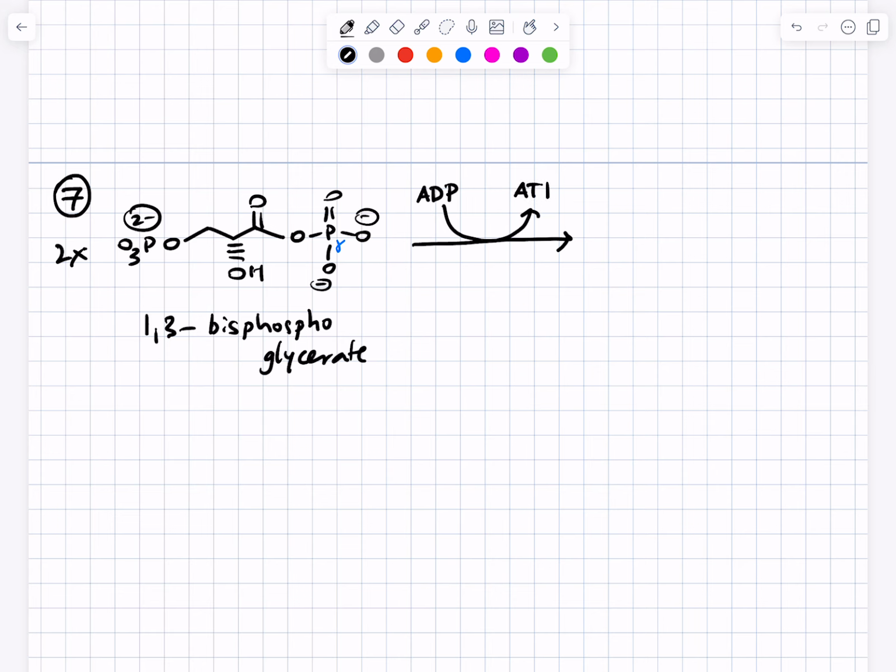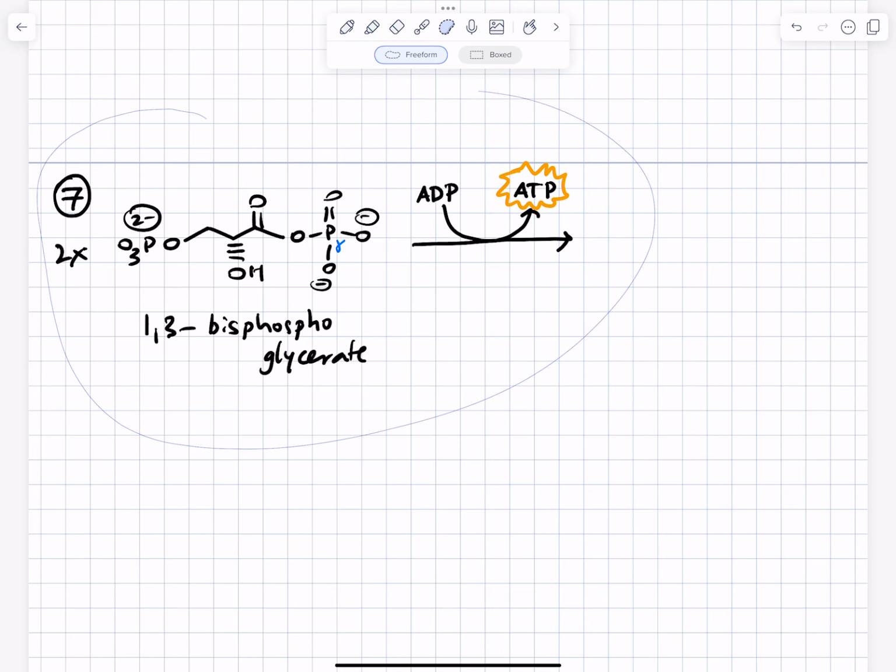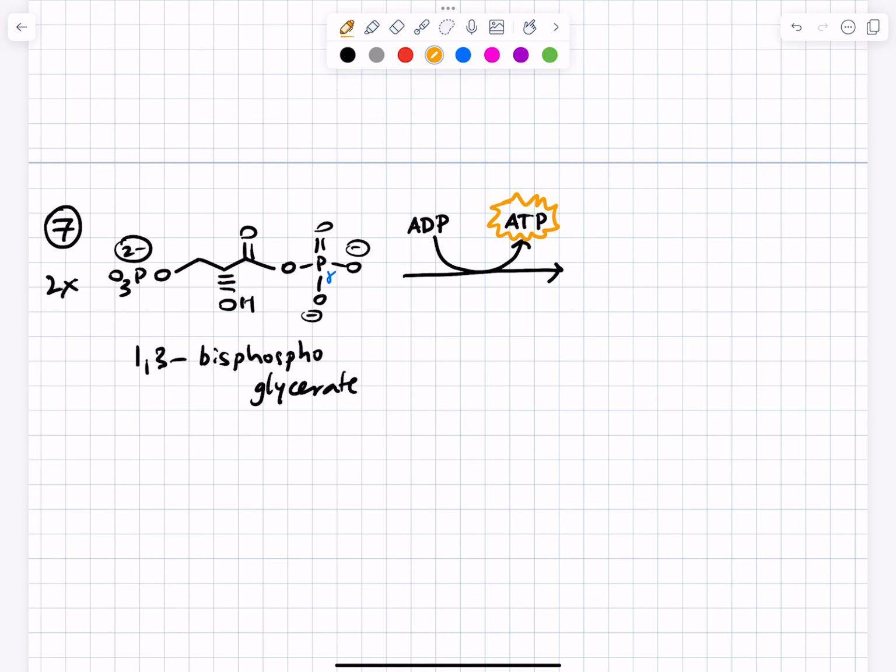It's going to attack the gamma phosphate group of 1,3-bisphosphoglycerate, and that's going to generate a new molecule of ATP. And that happens twice, so we've totally paid off our debt. The product of that reaction is going to be what you would expect, the leaving group, 3-phosphoglycerate.